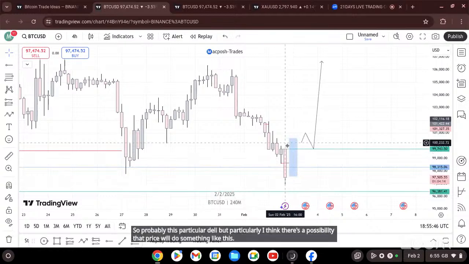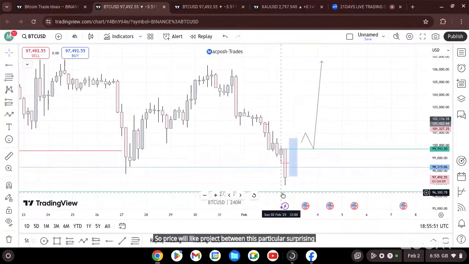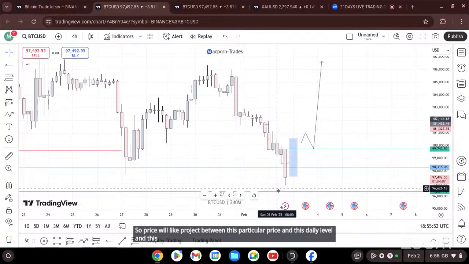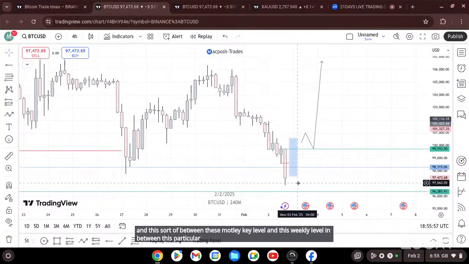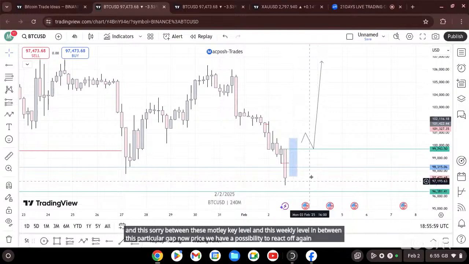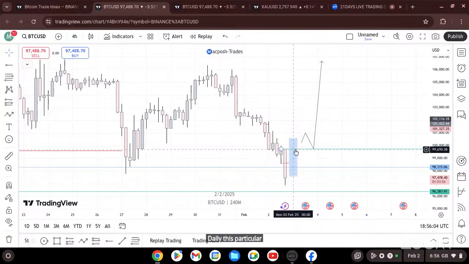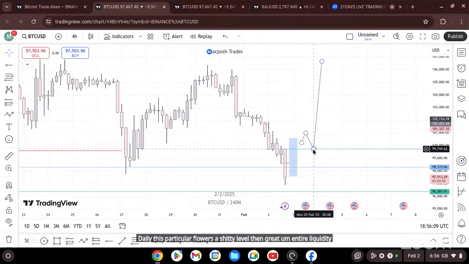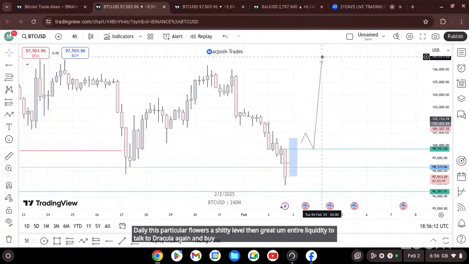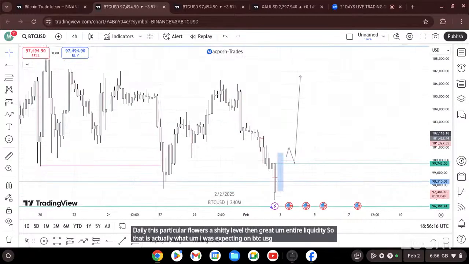So price will reject between this price and this daily key level, and between this monthly key level and this weekly key level, in between this particular gap now, price will have a possibility to react off again to break above this particular 4 hours A-shaped key level, then create an internal range liquidity to tap to that key level again and buy. So that is actually what I'm anticipating on BTC USDT from tomorrow.